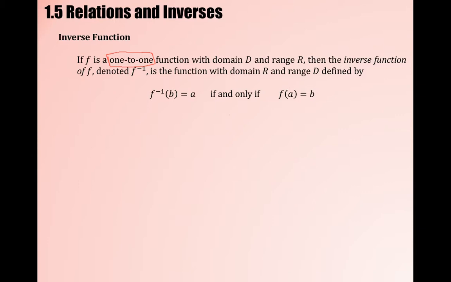So not every function that you deal with is going to have an inverse that is also a function. For instance, a common one that you have worked with is a quadratic, right? A quadratic is not one-to-one.